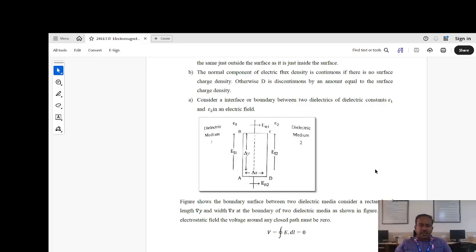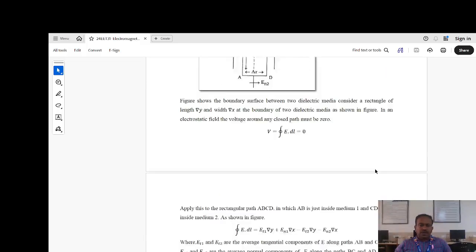at the boundary of two dielectric media as shown in the figure. In an electrostatic field, the voltage around any closed path must be 0. That is, V equals the closed integral of E dot dl equals 0.